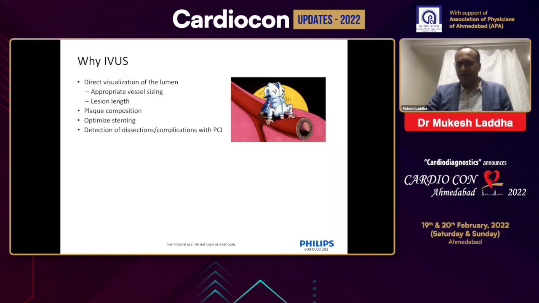Now friends, why do we need IVUS? Because we want to know the exact lumen diameter, the exact length of the lesions, and the plaque composition. As we handle more and more complex interventions, we want to know the exact plaque morphology, whether it has more fibrofatty tissue or more calcium.